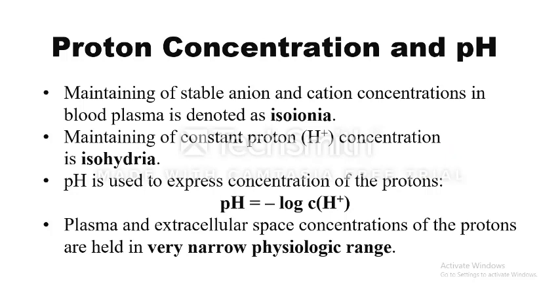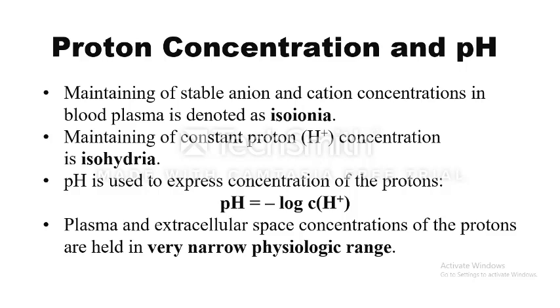Maintaining stable anion and cation concentration in blood plasma is denoted as isoionia. As we already discussed in my previous lecture, our body fluids contain both anions and cations, so their stable concentrations in the blood plasma is denoted as isoionia.